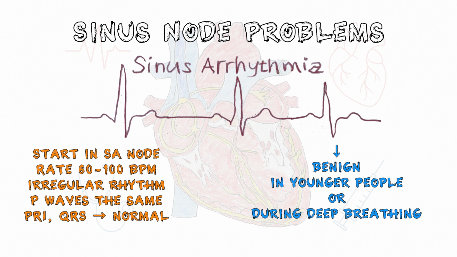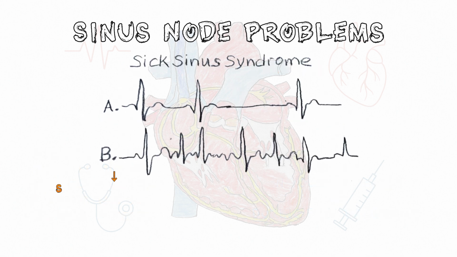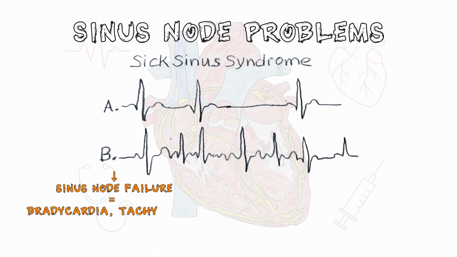And number 4 of sinus node problems is sick sinus syndrome. This is a failure of the sinus node to generate or transmit impulses normally. It can cause an alternating pattern of bradycardia, tachycardia, long pauses, or sinus arrest.